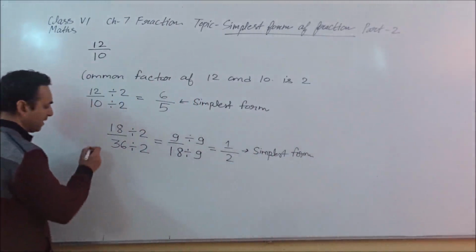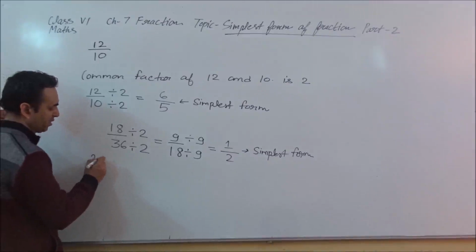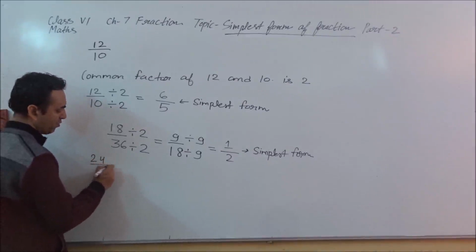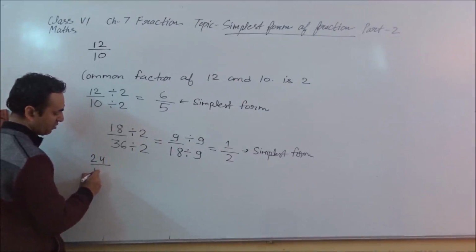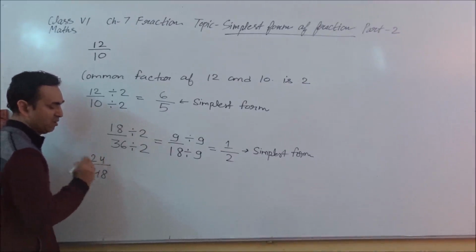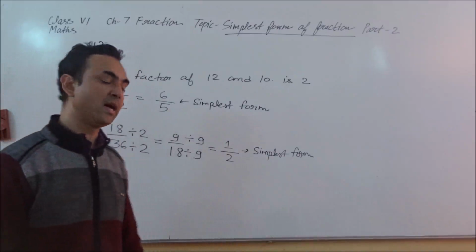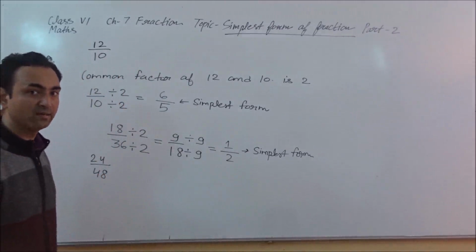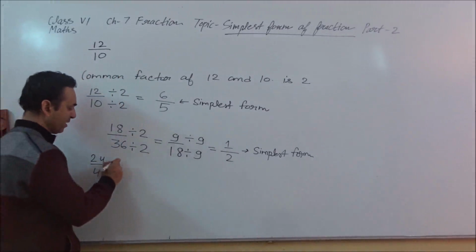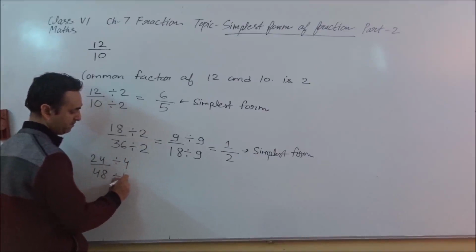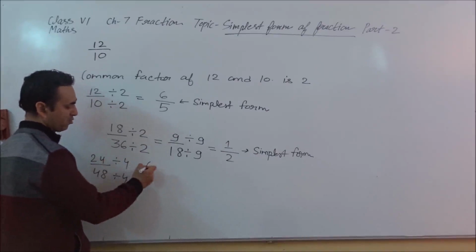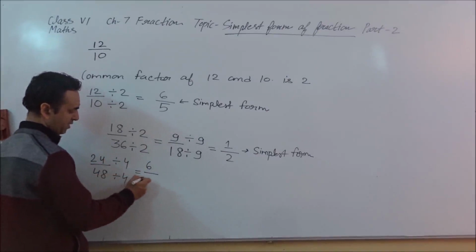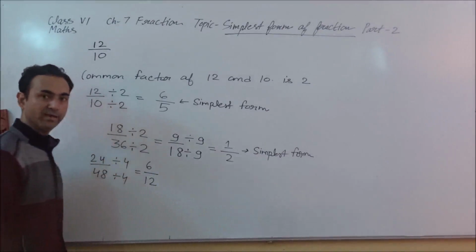So let's take another example, like 24 upon 48. Now again you will think, what is the common factor of 24 and 48? It can be divided by 4 easily. 4 sixes are 24, 4 twelves are 48. So we get 6 upon 12.